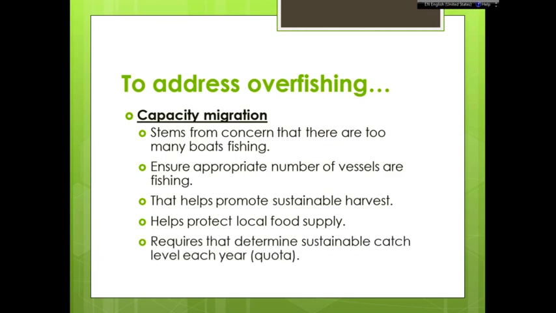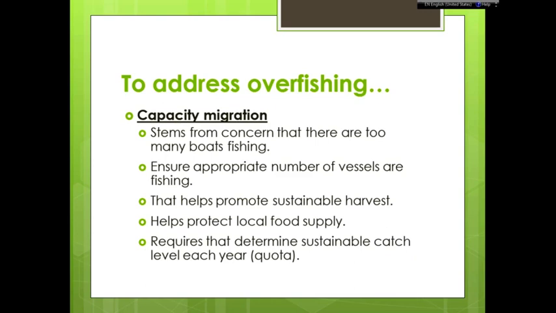The idea here is that we have to determine the sustainable catch for each year. I'm going to refer to that as a quota. When I talk about a quota, I'm saying that somebody has sat down and figured out the amount of fish that we can catch sustainably. So we need to determine the sustainable catch for each year, and we're going to set a quota.